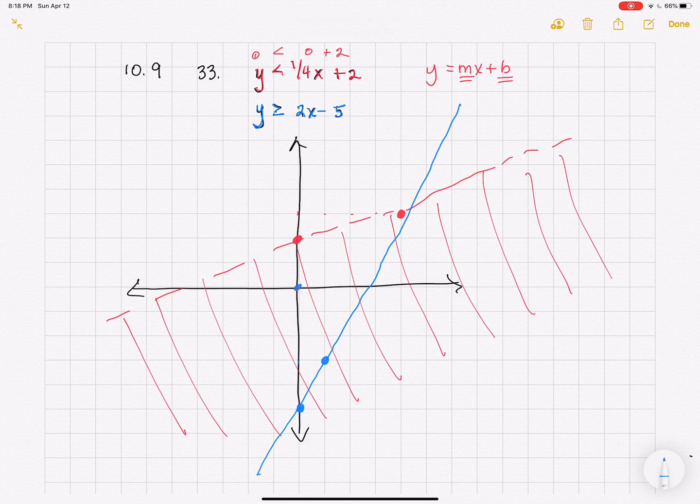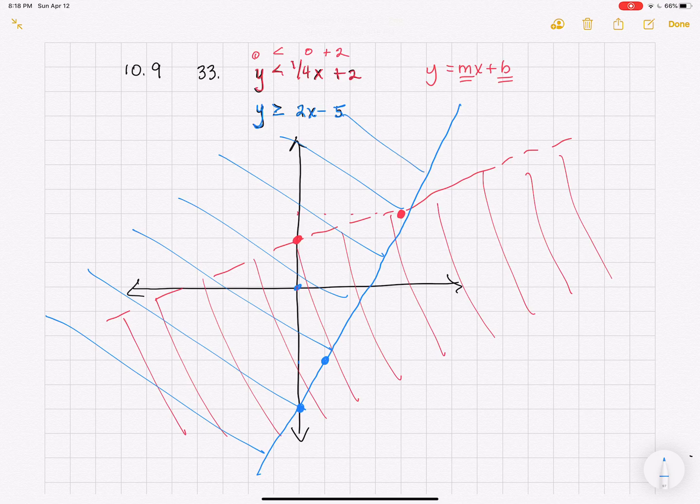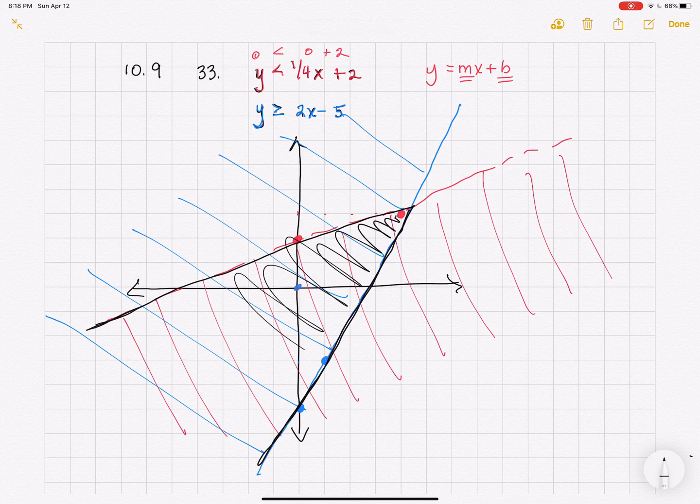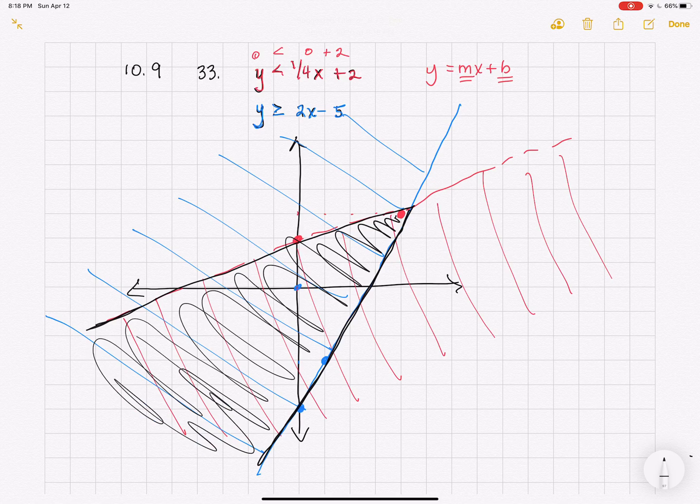Well, that's a true statement too. So I'm shading everything toward my test point, or 0, 0. Okay, so I'm going to color my solution set, and this one, I'm going to color it in black again. So it looks to me that my solution is doing this thing right here. So it's everything in there, and then it continues on and on.